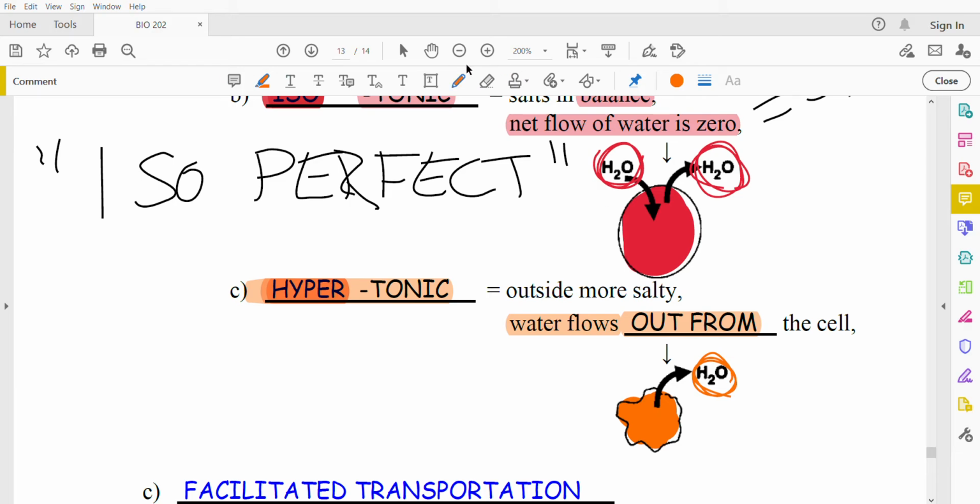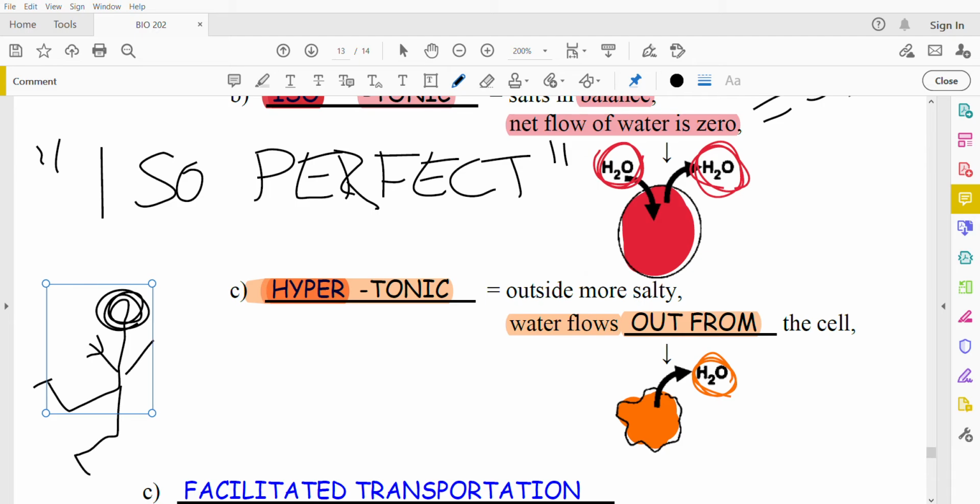And again, I'm trying to think of what I gave you as a mnemonic. I think I told you to think of a person who's hyper. What are people who are hyper like? They run around a lot, don't they? They have a lot of energy. And what happens if you run around a lot?